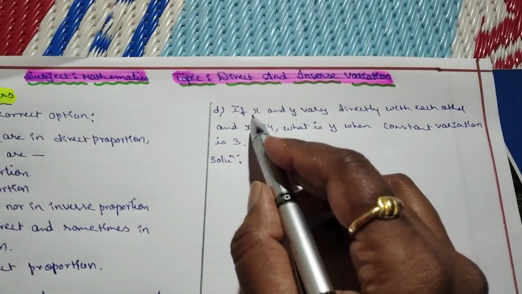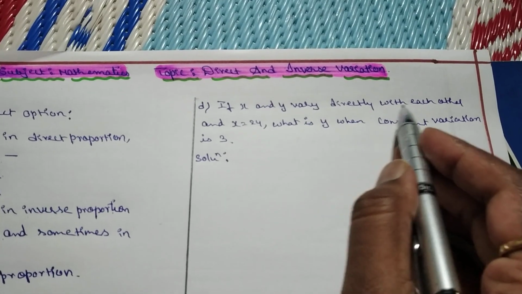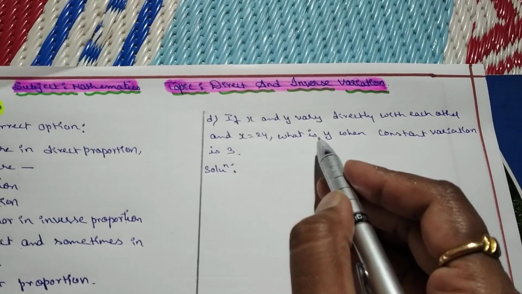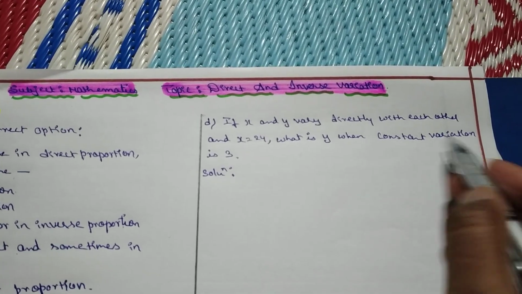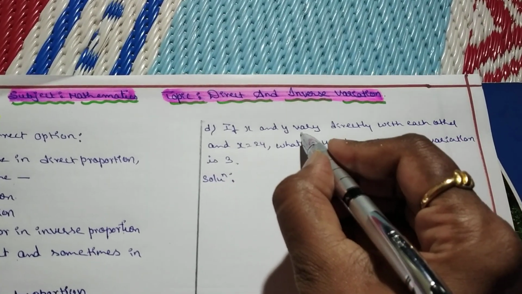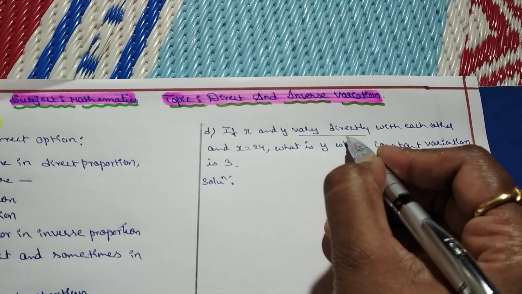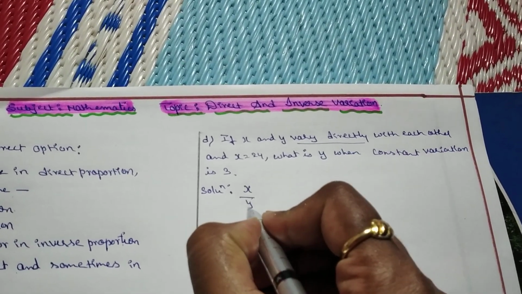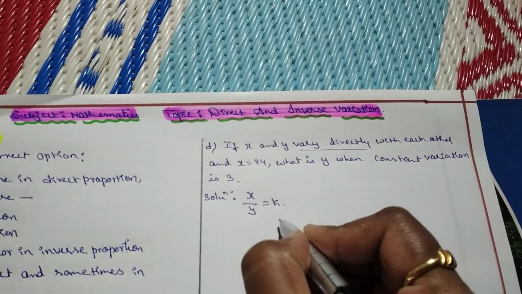Fourth question. If x and y vary directly with each other and x equal to 24, what is y when constant variation is 3? So here given is direct variation, that is vary directly. So vary directly we know that x by y equal to k where k is constant.